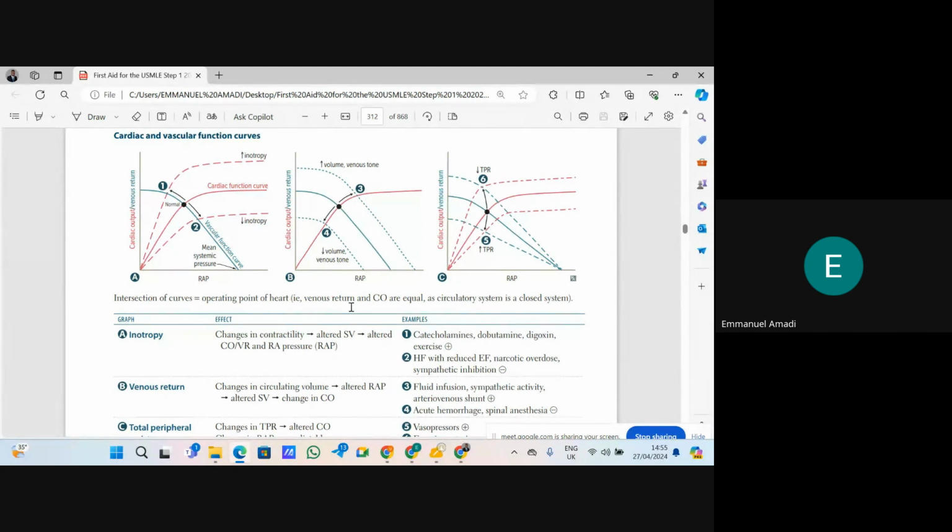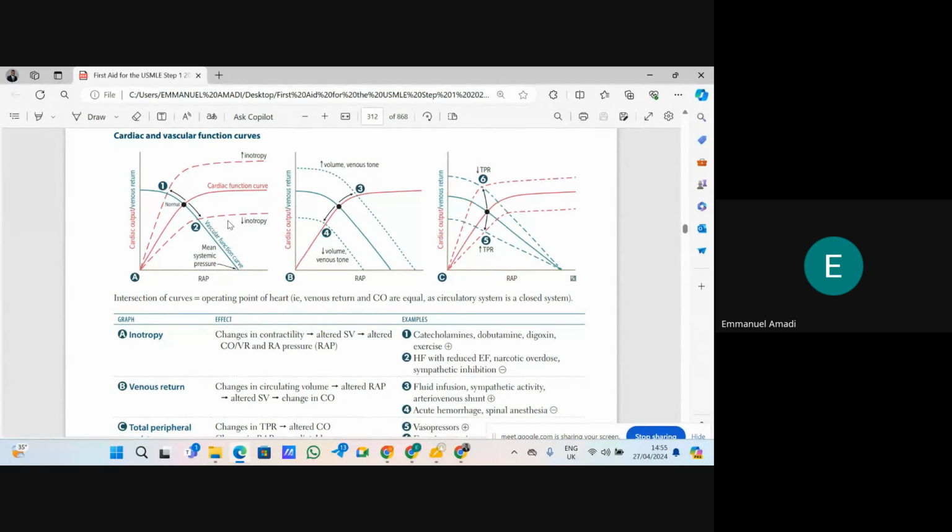Now, if you look at this particular diagram, you're talking about cardiac output on one side and venous return on the other. They told you what it means. The red line is cardiac output. The blue is venous return.